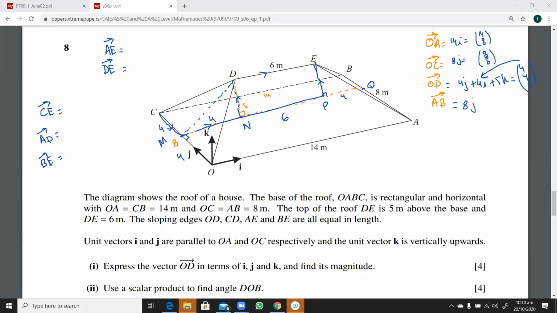C to M, then M to P, and then P to E. So that is minus 4J plus 10I, and then plus 5K. AD, what is AD? So you go from A to Q, Q to N, and N to D. And similarly, you can have your DE.